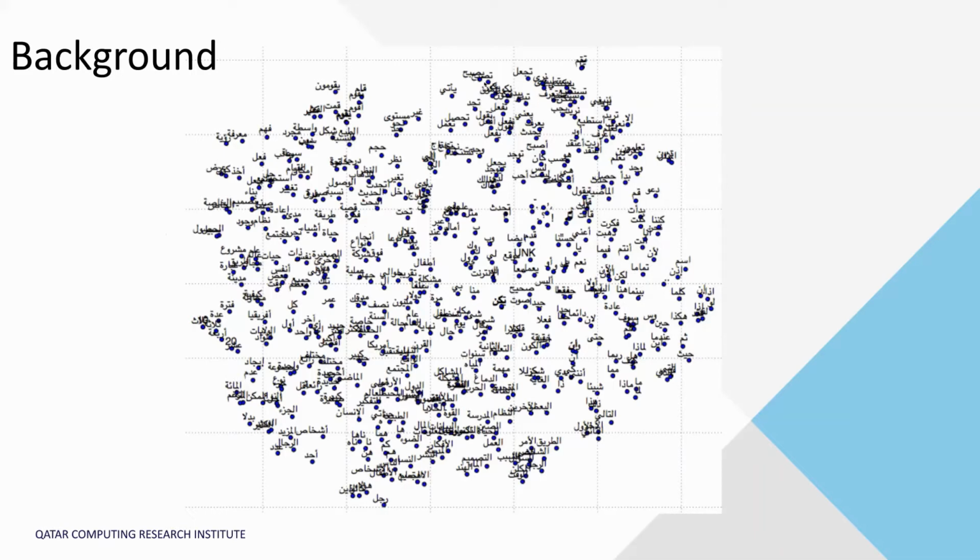As you can see, this map is not completely random. There is a lot of information being encoded here, and the neighboring, or for example the distance between words, is not completely random. It's not by chance. For example, in the top left, you can see words that all start with ta, as in Arabic.